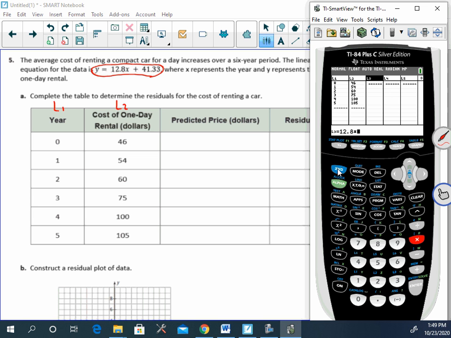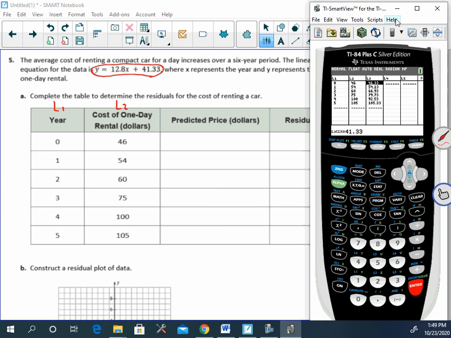So I have to hit second and then hit that button and it'll put L1 there. So second L1. Then we still have to do plus 41.33. And we hit enter and it should fill all of that in for you. So all of those numbers will get written here.